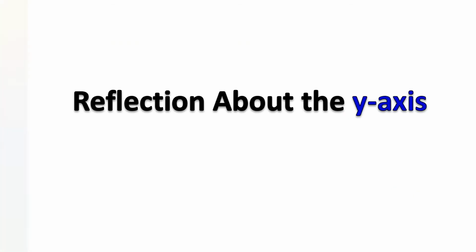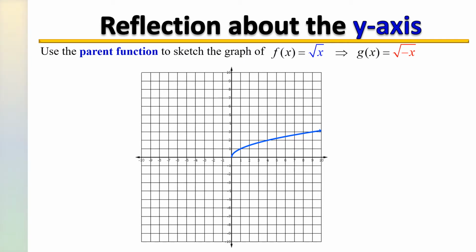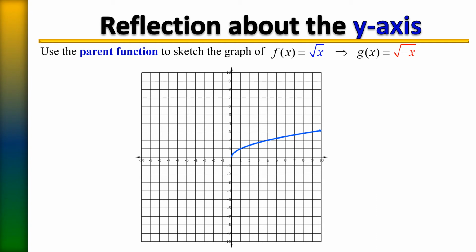Reflection about the y-axis. In this example, we're going to use the parent function f of x equals the square root of x to sketch the graph that has been reflected about the y-axis. So notice g of x equals the square root of negative x. Notice the negative is inside, within the function there.